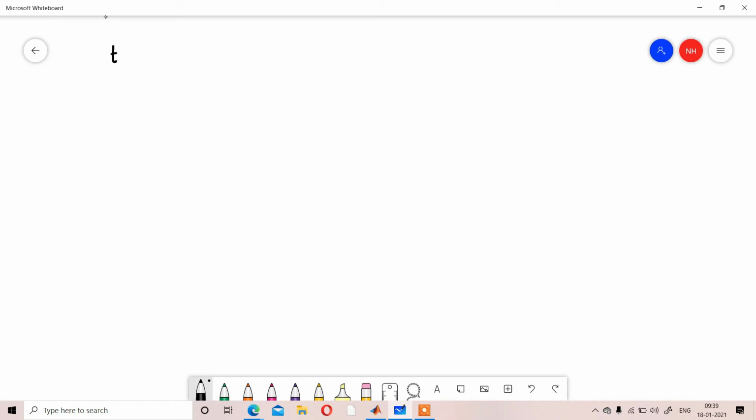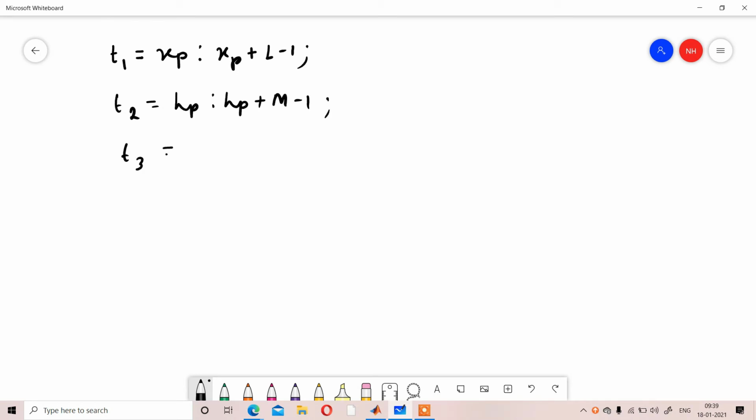Just consider T1 as xp to xp plus l minus 1. I am explaining. T2 equal to hp to hp plus m minus 1, and T3 equal to yp to yp plus n minus 1.